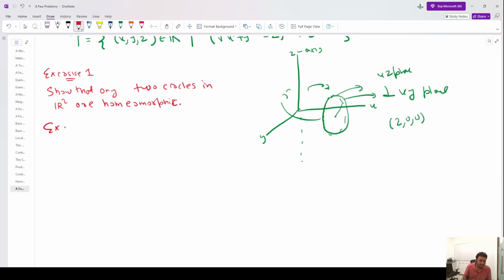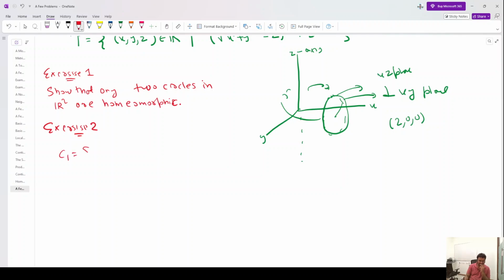And exercise 2 is just I will give you the precise homeomorphism, and you have to check this is a homeomorphism. Okay.